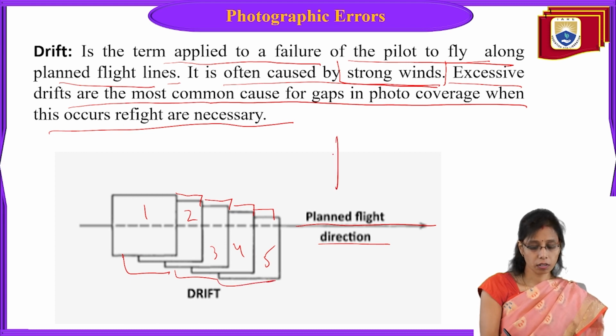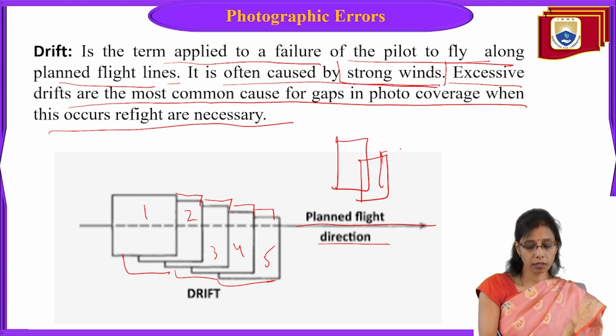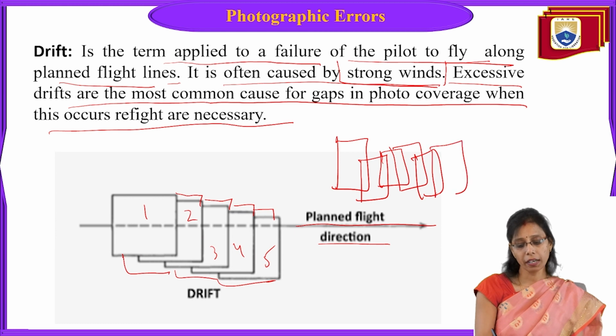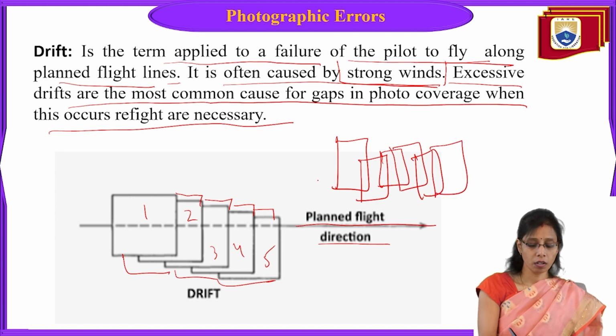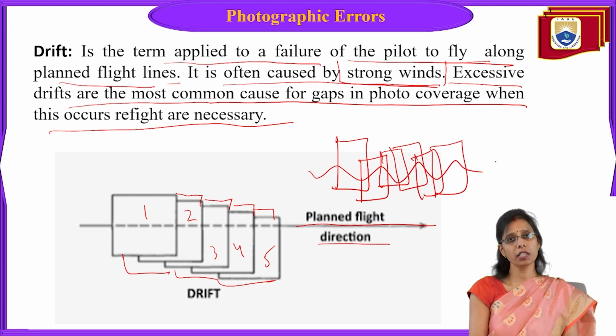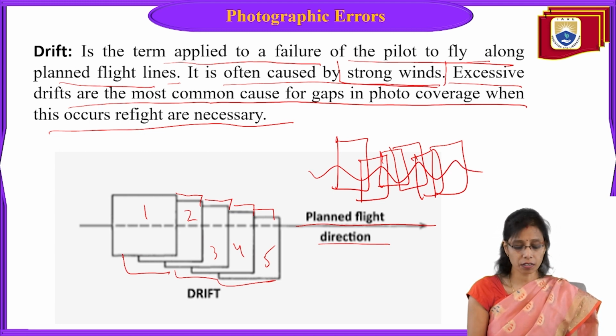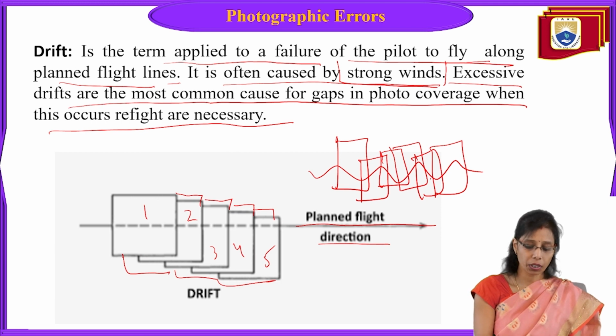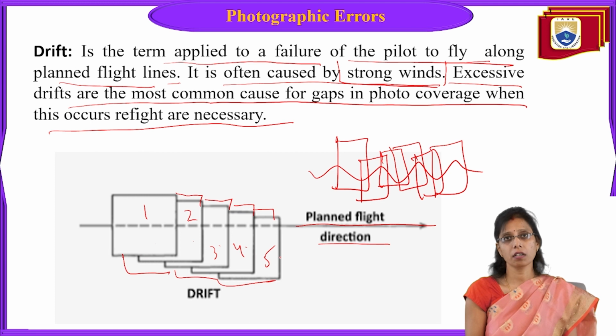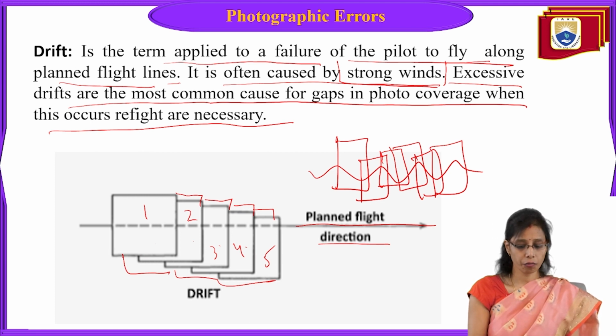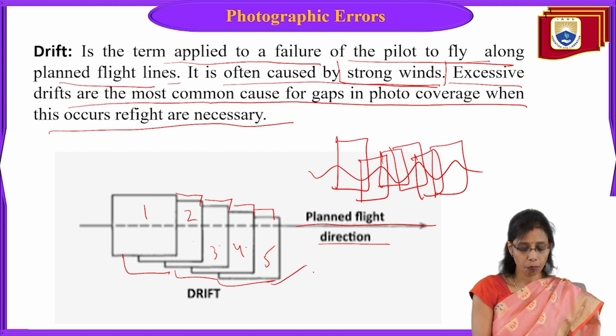The total flight direction will go up and down, like turbulence due to wind conditions. Due to that, this kind of photos appear. This is totally waste if you want to do any analysis or get results, and totally waste for mapping purposes.